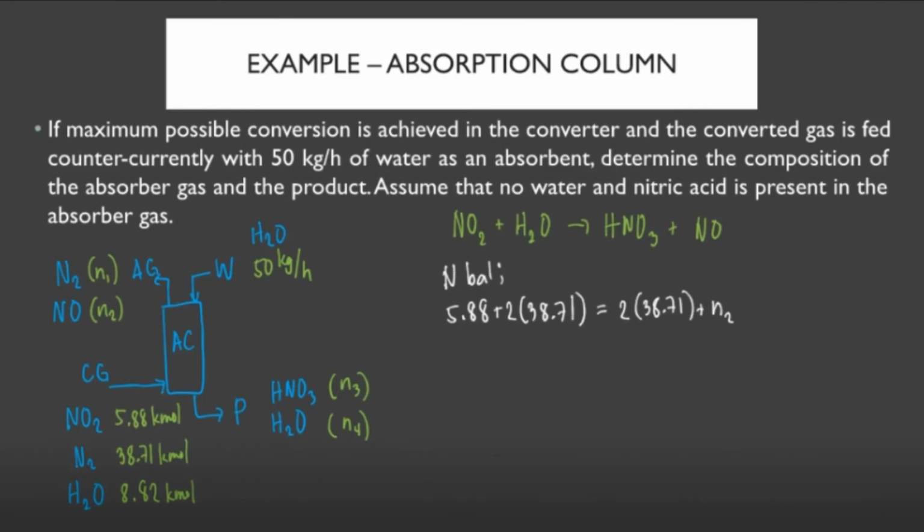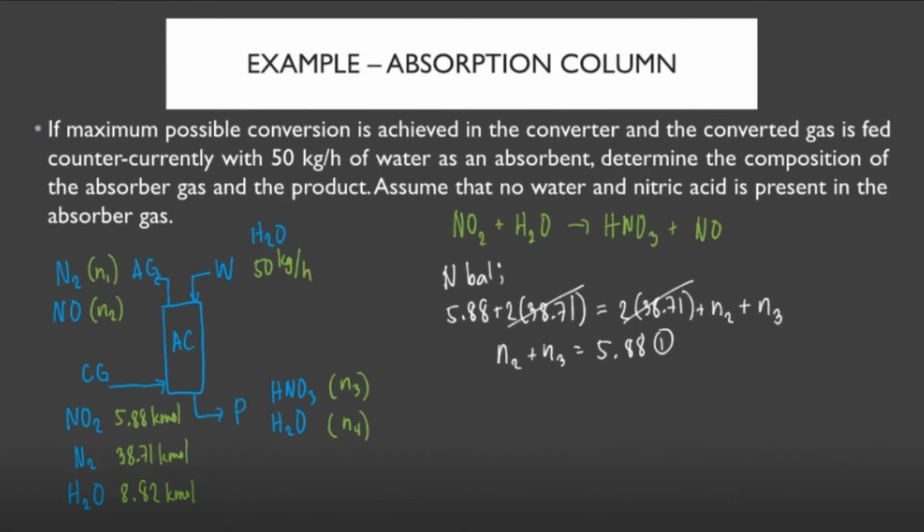And to this, we add the nitrogen source from the product, that is the nitric acid. We simply add N3. From this equation, we can cancel the contribution of the nitrogen gas because it's just equal on both sides of the equation. And we have our simplified equation, N2 plus N3 is equal to 5.88. This is our equation 1.